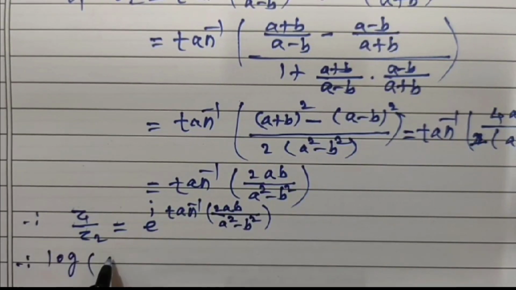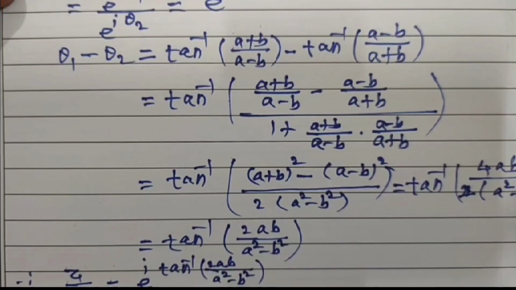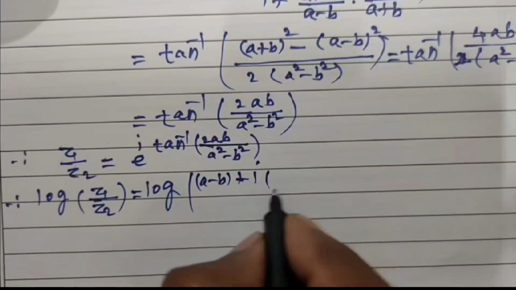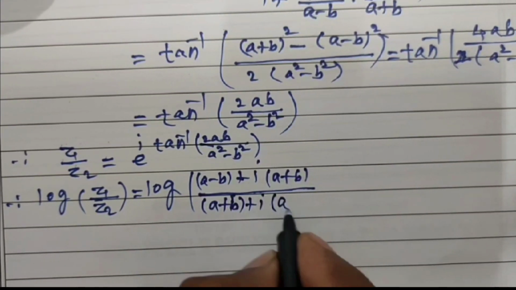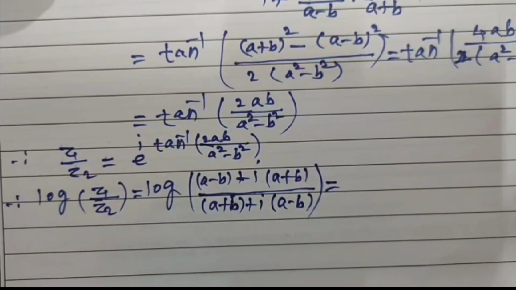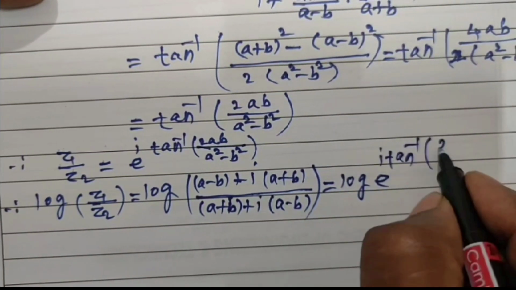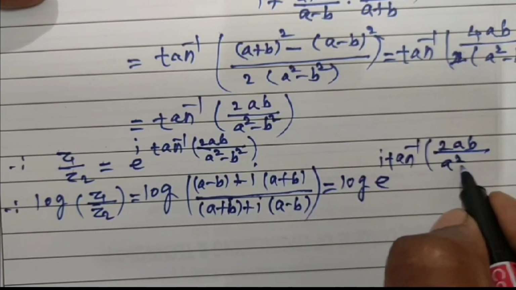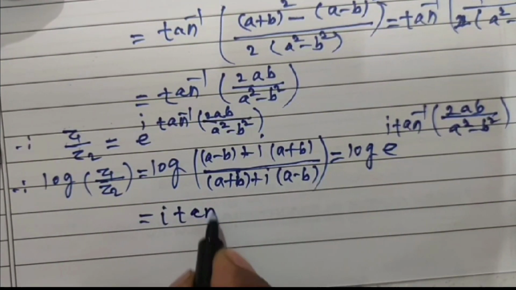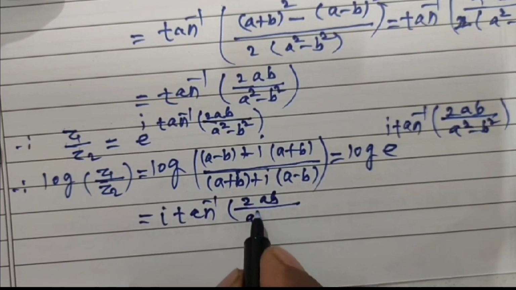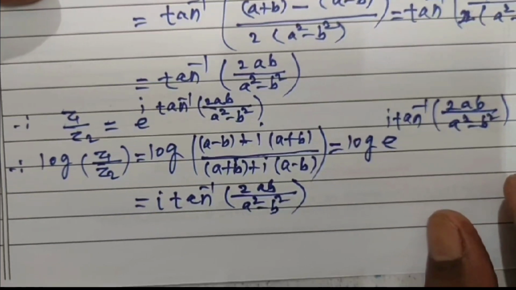Now take log on both sides. Hence, logarithm of Z1 upon Z2 is equal to logarithm of (a minus b plus i into a plus b) divided by (a plus b plus i into a minus b), is equal to logarithm of this. So logarithm of e to the power i tan inverse of 2ab divided by a square minus b square. So this is equal to i into tan inverse of 2ab divided by a square minus b square. This is the principal form, but we want its general form.